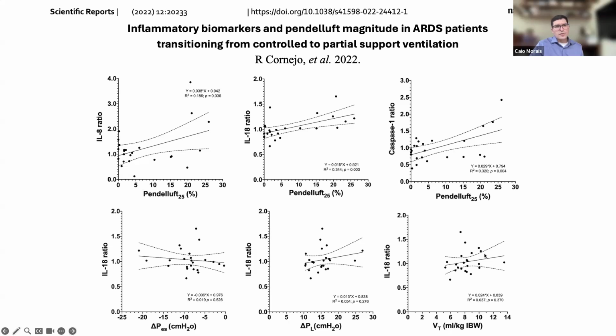And the explanation for these differences between global parameters and the pendelluft is because we learned that pendelluft depends on a regional effect with higher drop in pleural pressure at the posterior part of the lung. So pendelluft is a regional phenomenon, and we are able to see the effect on inflammation only when we measure at the regional level. When we have global parameters, we may not see if the patient is under risk of more PSILI or not.